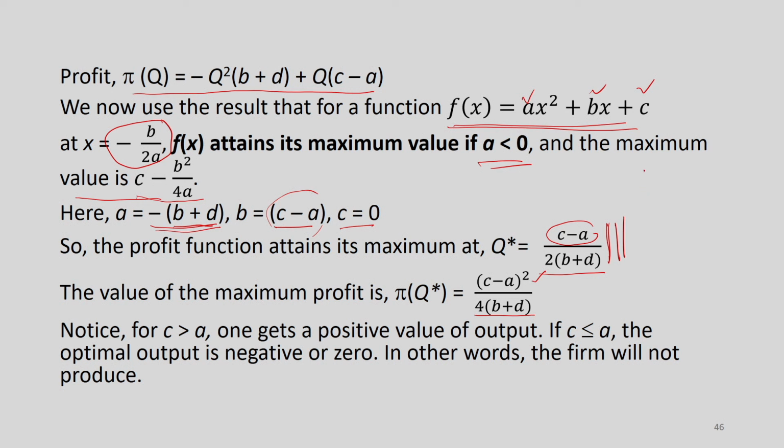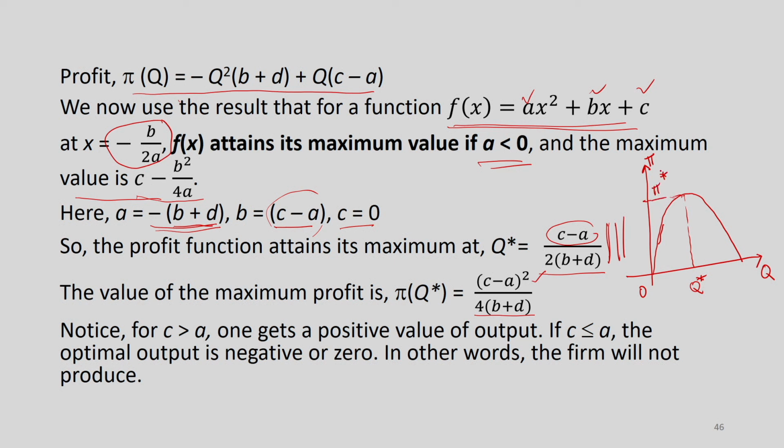Let us look at the diagram, how it looks like. So, you have Q here and you have profit here, and look at the profit function. There is no constant term, so it starts from 0 and it goes up like this, and it comes down, and you have this maximum here, which is Q star. And what is that value of profit at the maximum?